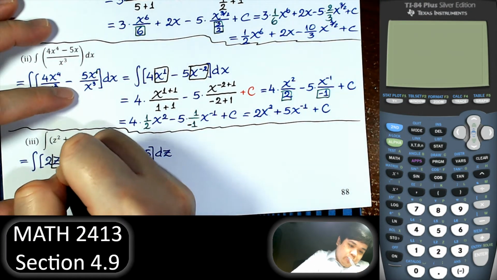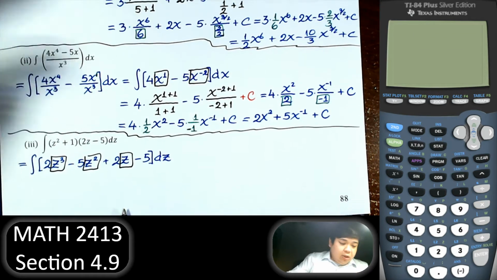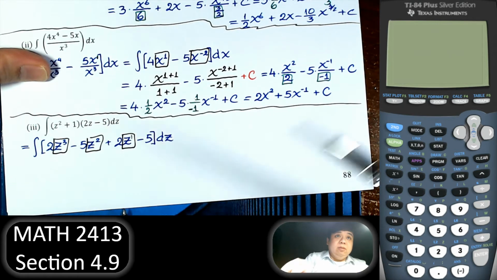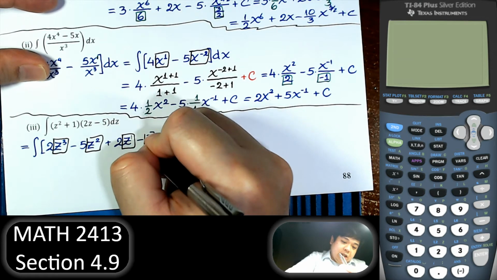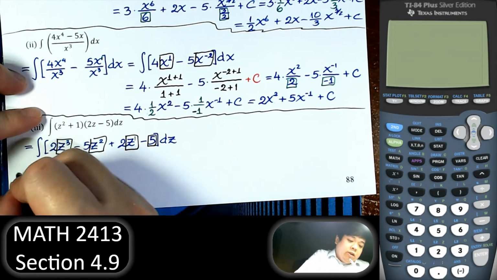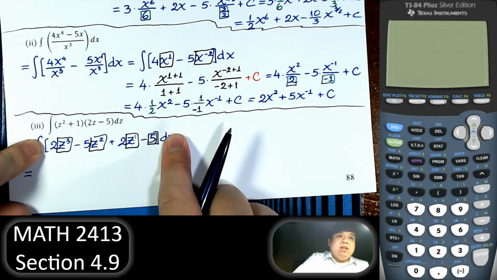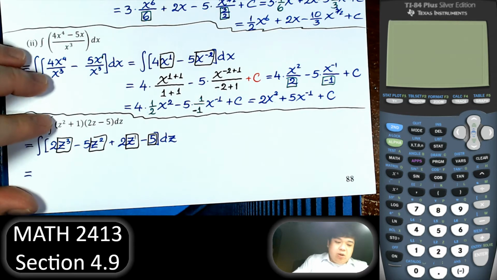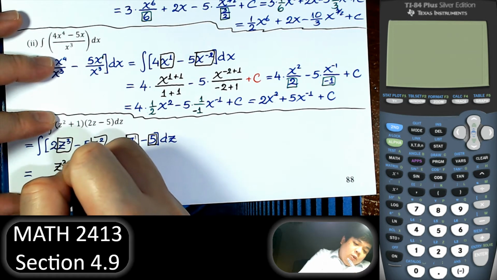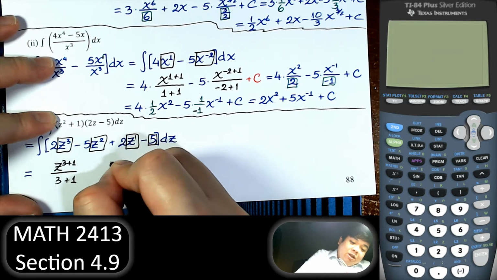So the power rule for z cubed, z squared, z. By default, we can say this is z to the first, and then of course the constant. Apply the power rule for each one of them. Since we apply the power rule, we integrate, so we do not have the integral sign and dx anymore. So again, z cubed, the power rule: increase the power by 1, divide by the same thing. Simple enough.